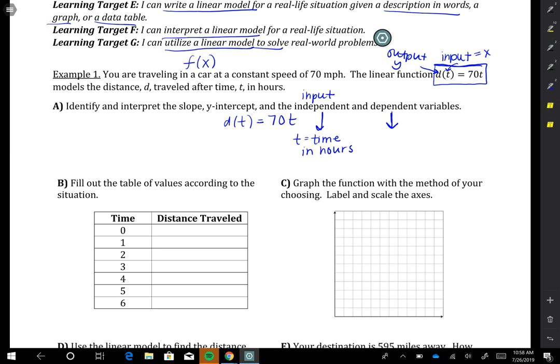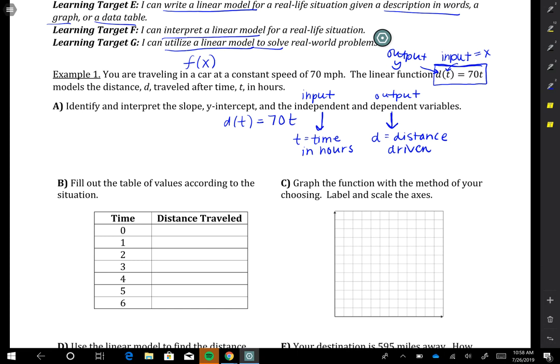Our dependent variable then is the variable that depends on the input. So that time that we are driving determines the distance that we are actually driving. So this is our output. And so that is our D, which is the distance driven after time t, if you would like to add it.